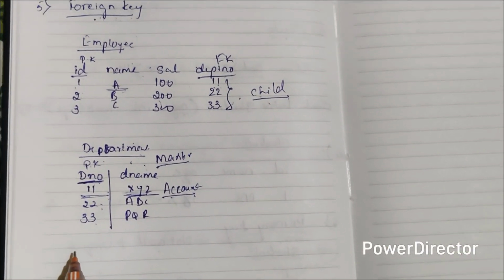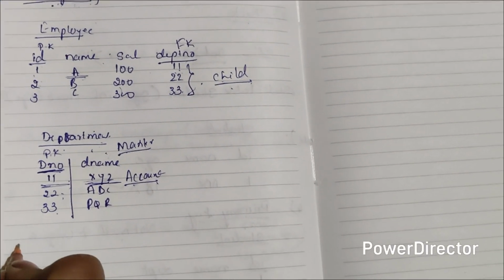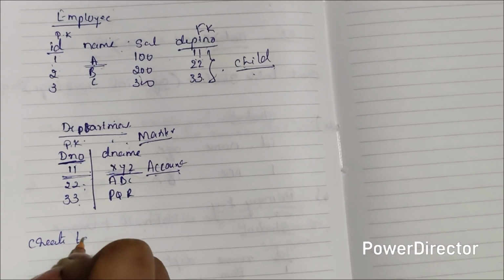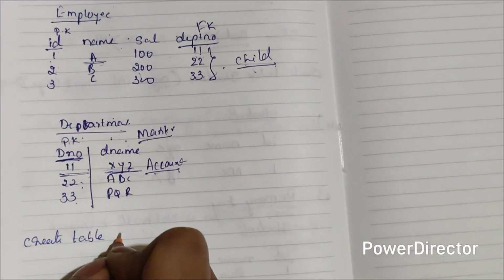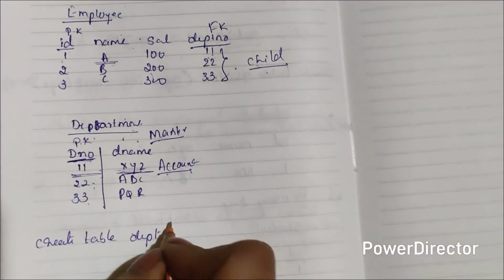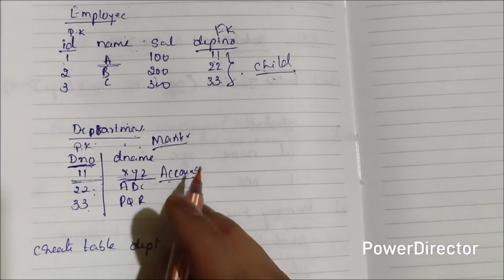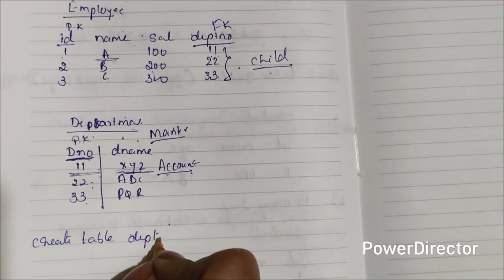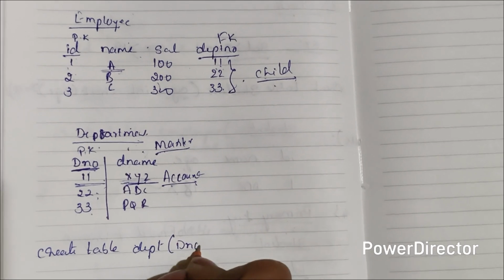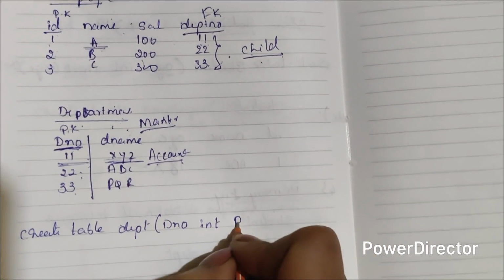I'll now write how this foreign key constraint is applied to a table. While creating the table, you have to write like this: create table department. First you need to create this table, because it is the master table. Create table department. I have department number whose data type is integer, and I'm making this a primary key.